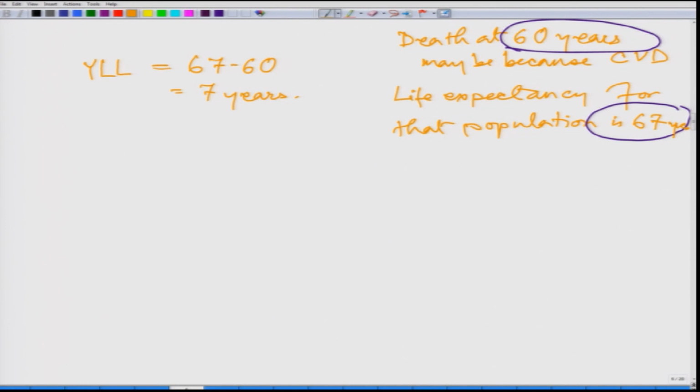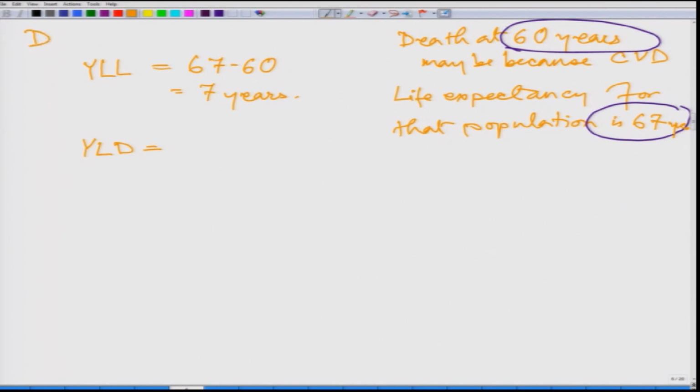The next is YLD, years lived with disability. How do we calculate that? We estimate how many years of life they have lived with this disability.